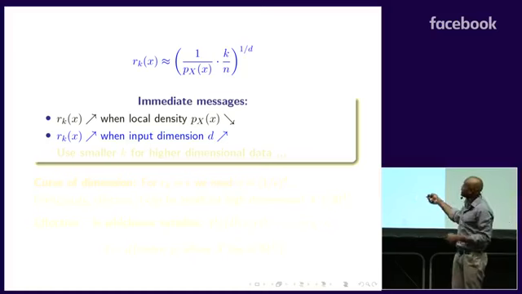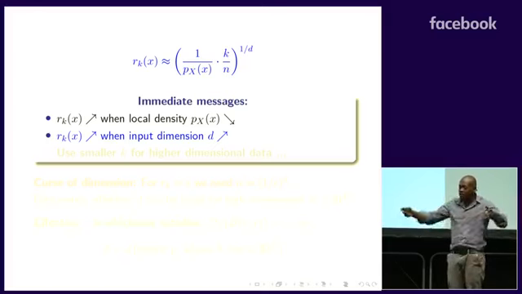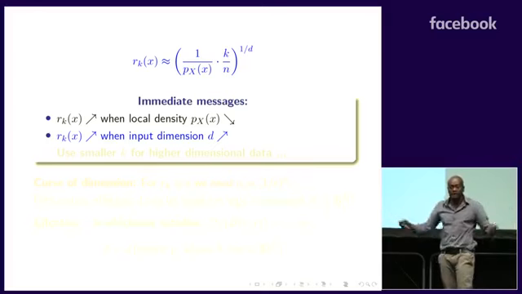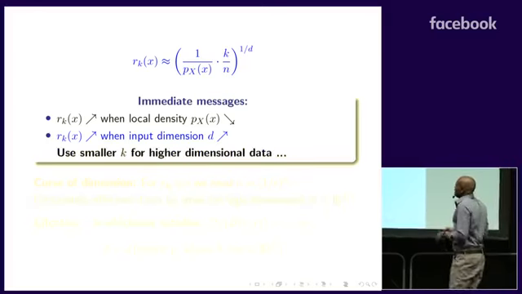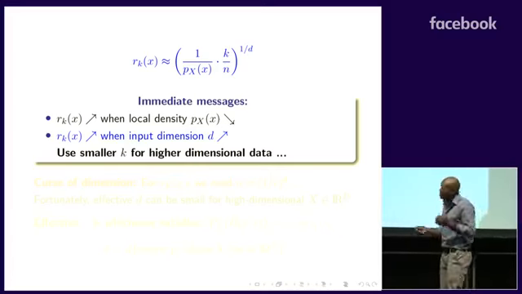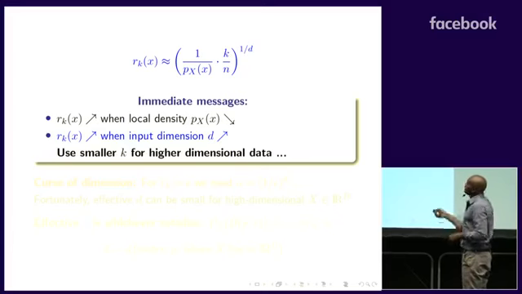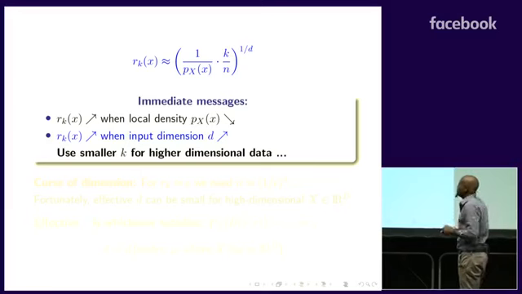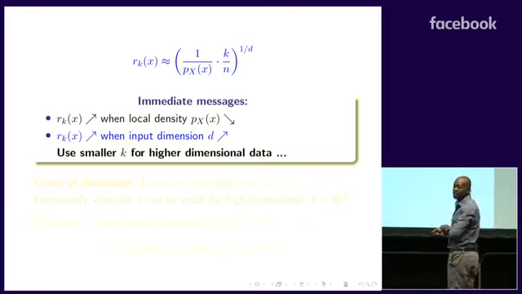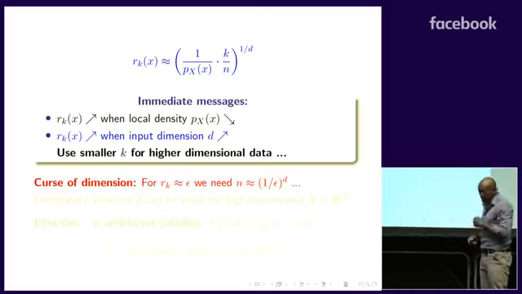And you're getting that from here also: as the dimension increases, the distance to your nearest neighbors increases. So what does that tell us? It tells us that in some sense, in high dimensional spaces, we want to use smaller k. By using smaller k, we counter the effect of the dimension maybe. And so maybe in higher dimensional spaces, we want much smaller values of k. So that's one message, but we'll verify that message a bit later.